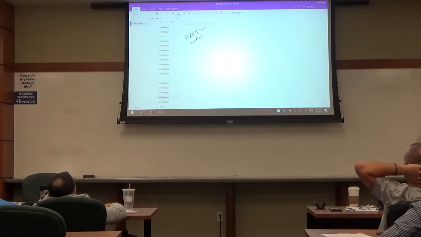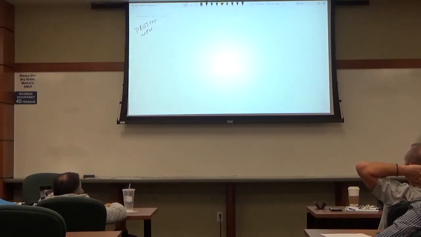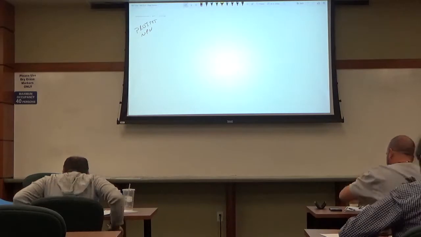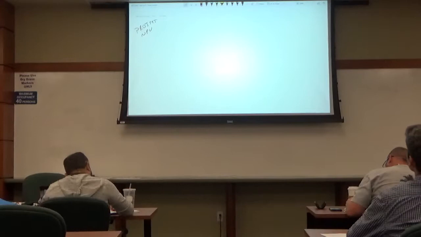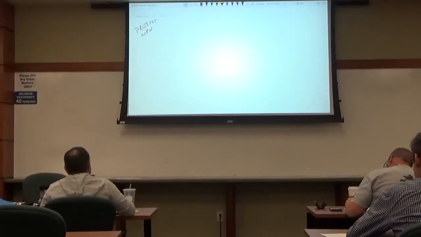All right, project NPV. Now let's say that we're going to buy a building, and how much per month is it going to generate in net operating income? Give me a dollar amount. 30,000.